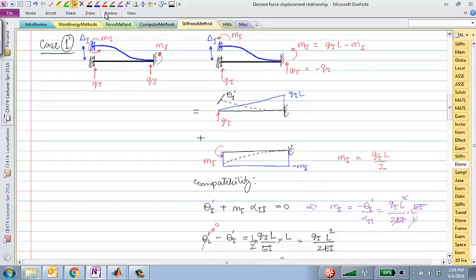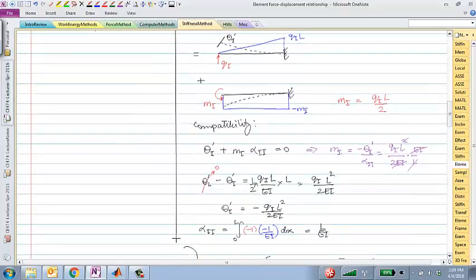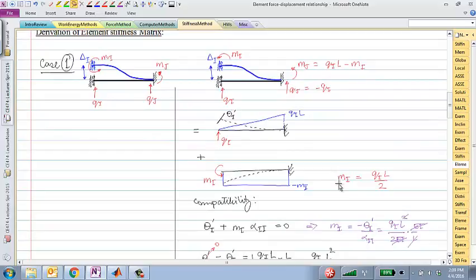Let me draw a line here to separate this. Okay. So now that I know that this MI is QL over 2, I can draw the bending moment diagram of the original problem that we were trying to solve.